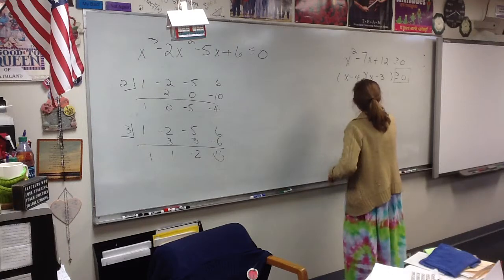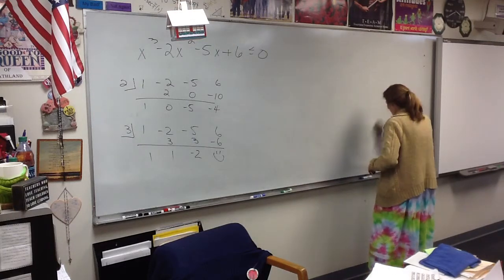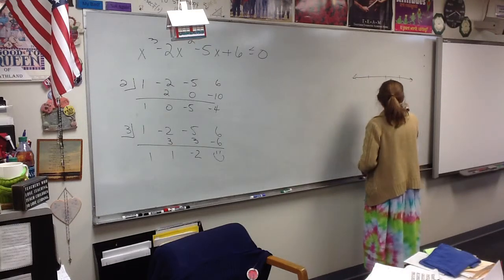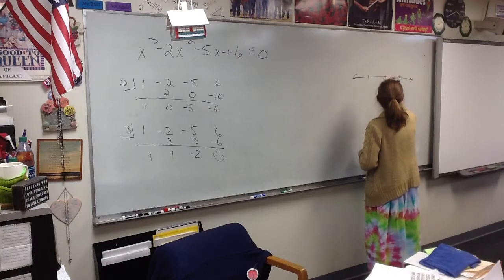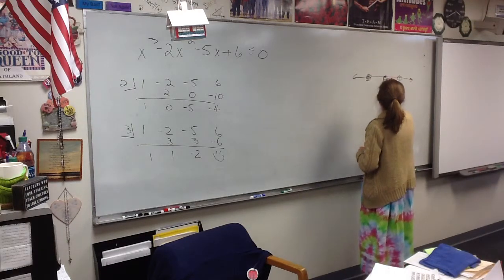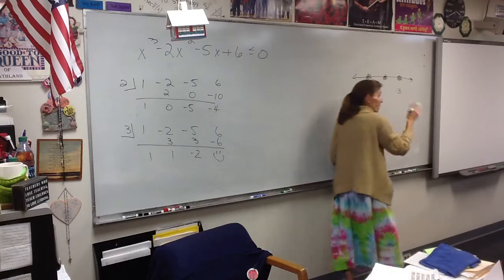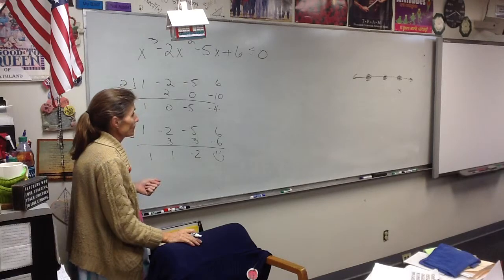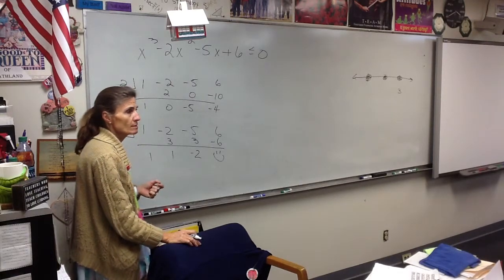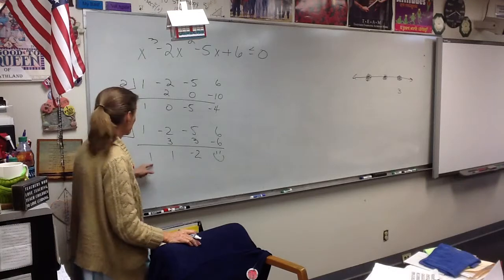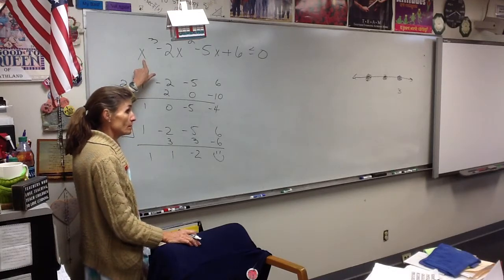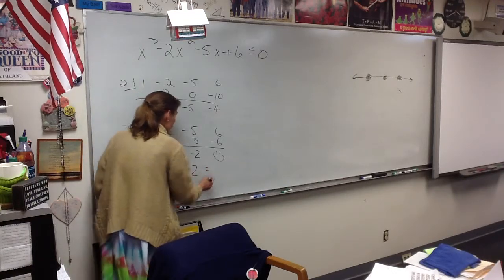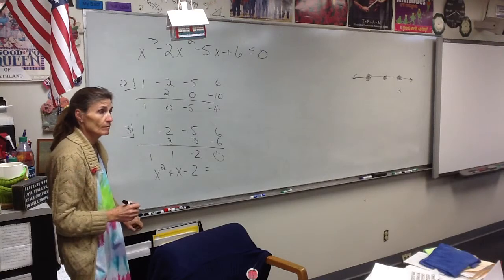On my number line, then, one of the dots will have to be at 3. I'm not sure where to put it. So I'll put it here for now, just to remember it, but I may have to move it. Why do you think there's 3 dots? Because I'm going to have 2 more. This is an x cubed. So I've got x squared plus x minus 2.